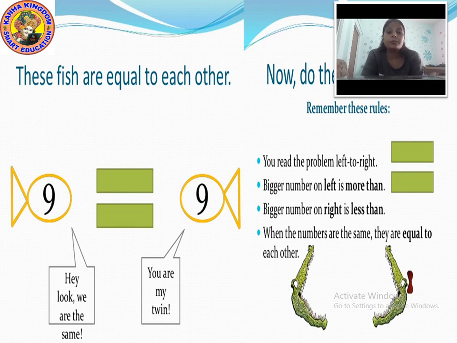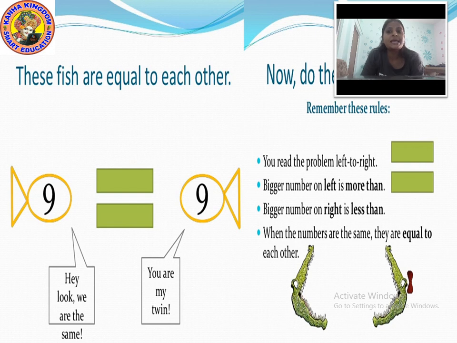Because 9 and 9 is the same number. No one is bigger and no one is smaller, they are the same. What we will see is 9 is equal to 9.